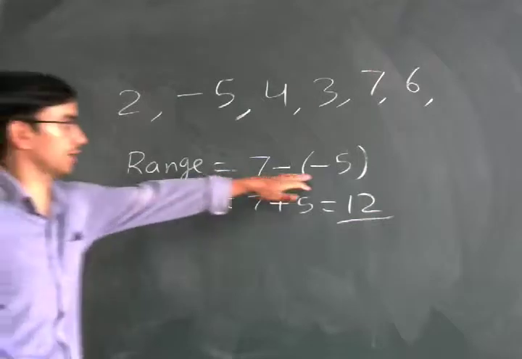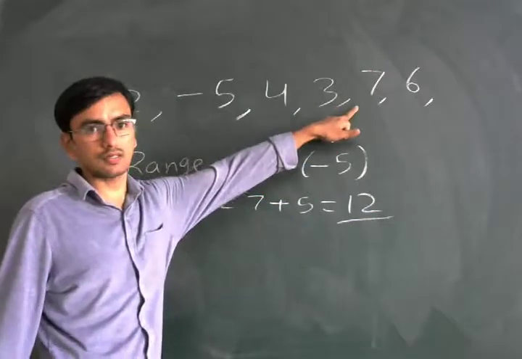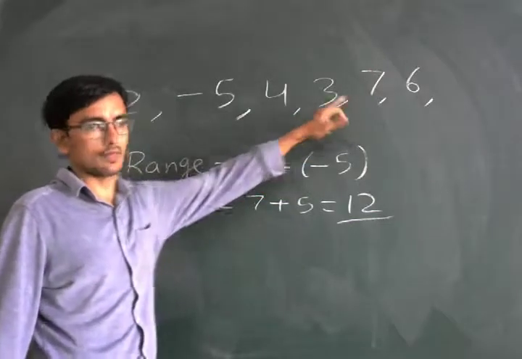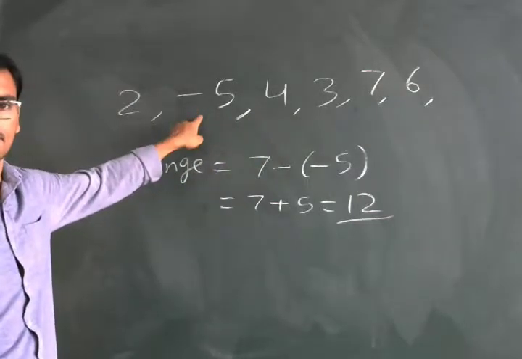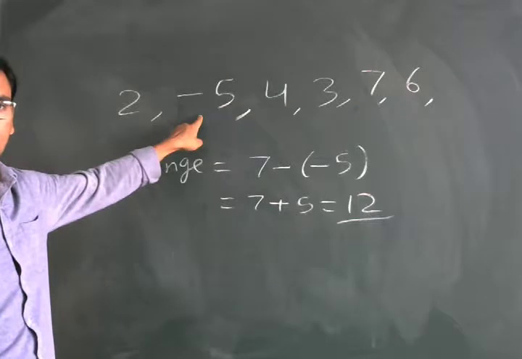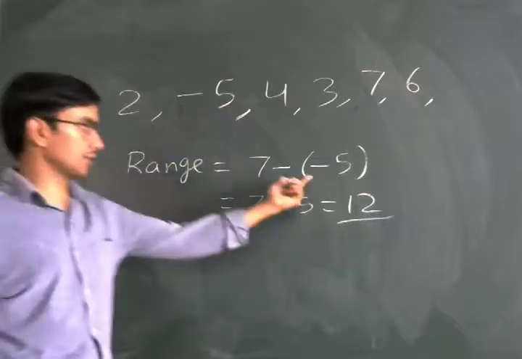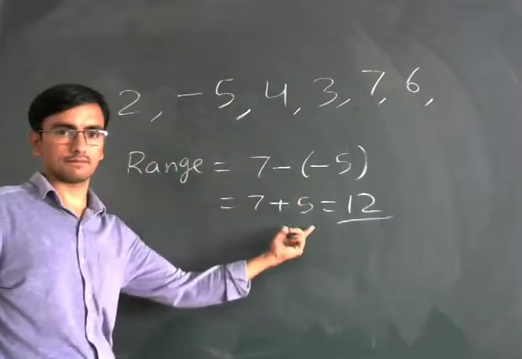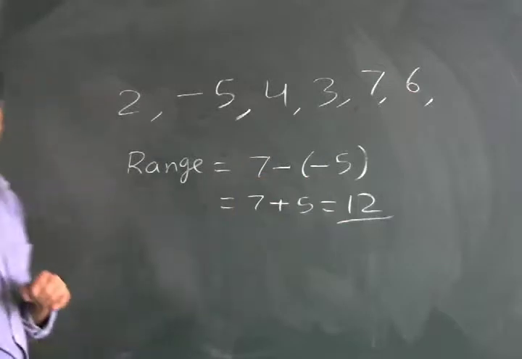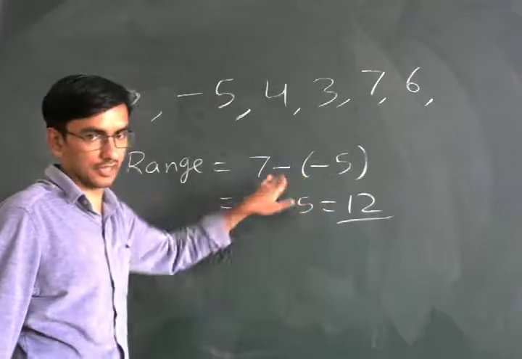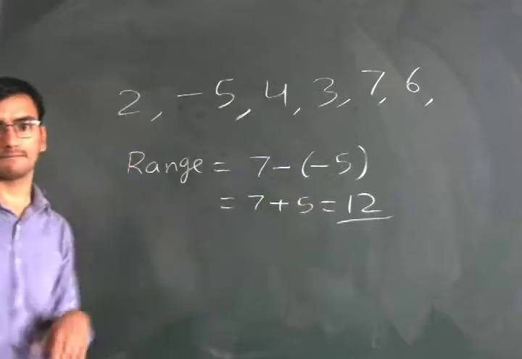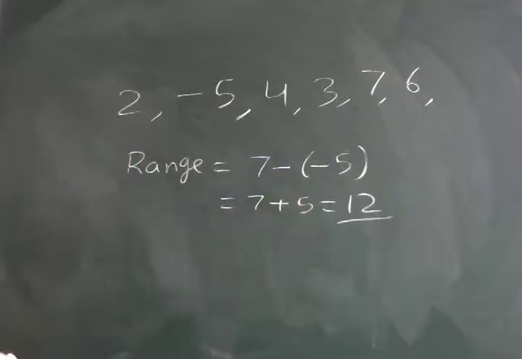Highest minus lowest. Which is the highest? 7. Which is the lowest? -5. So what is their difference? 7 minus minus 5 becomes 12. So the range is 12.